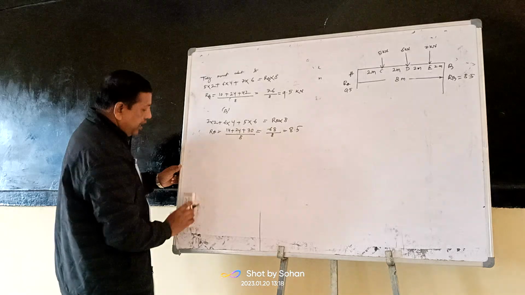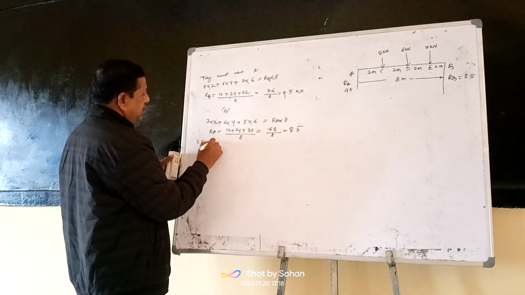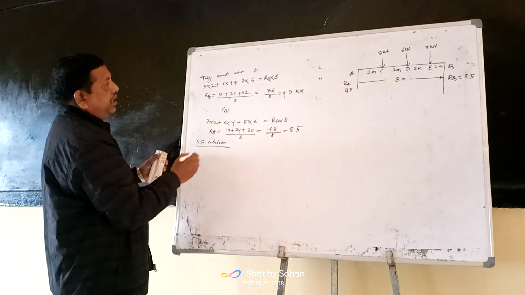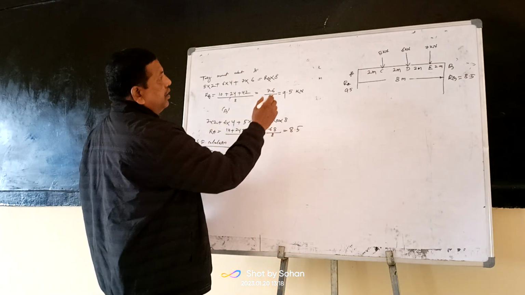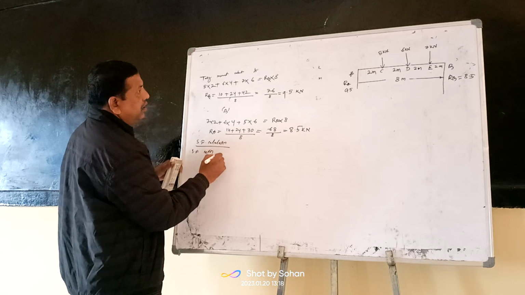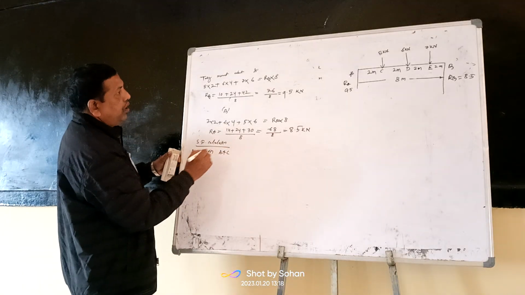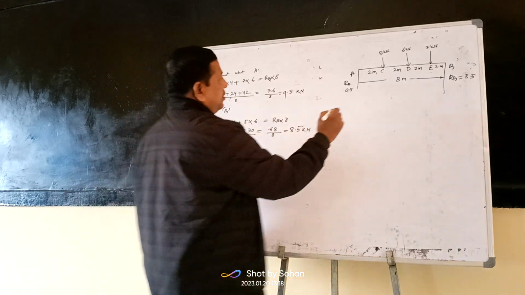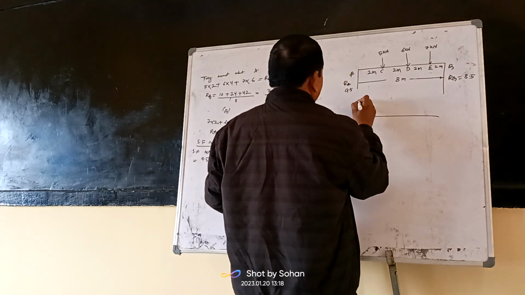Then we have to calculate the shear force. Between A and C it is equal to 9.5 kilonewton. We have to draw that.